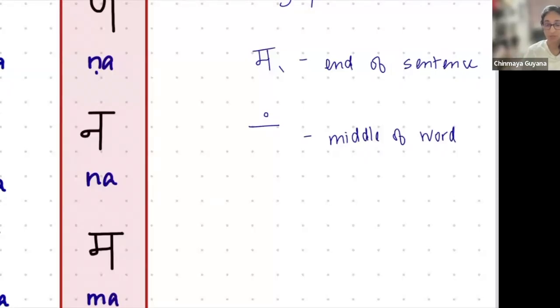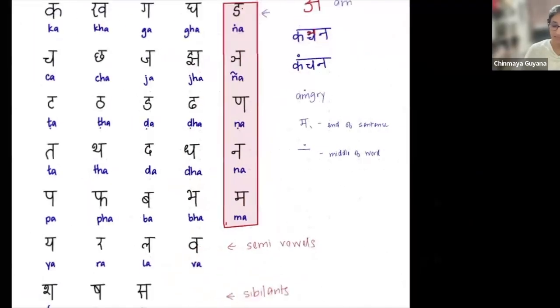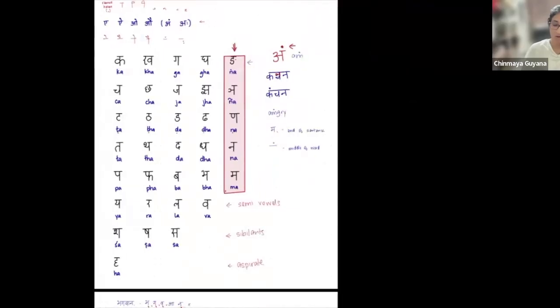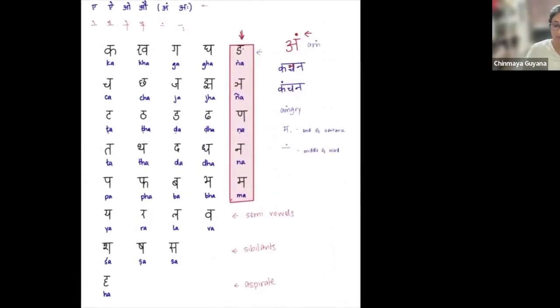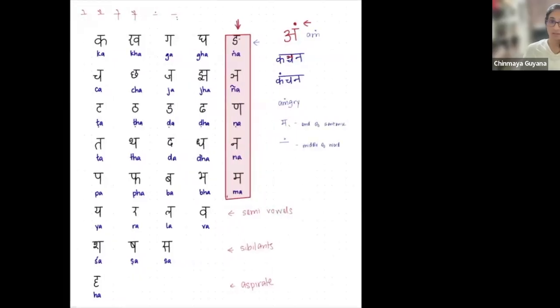Okay? So this is a little bit on the Anusvara. I hope it clarifies any questions that anyone has in that regard. Okay? So this is what we have seen in class. I will just review the conjunct consonants that we had seen also. There are different types of conjunct consonants.